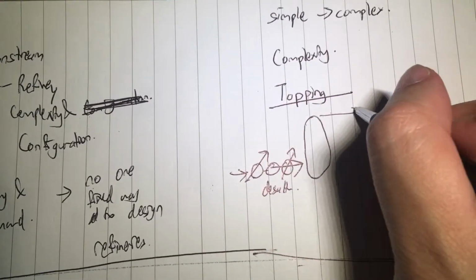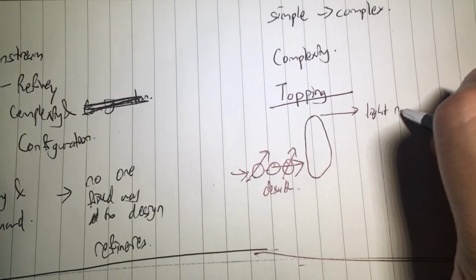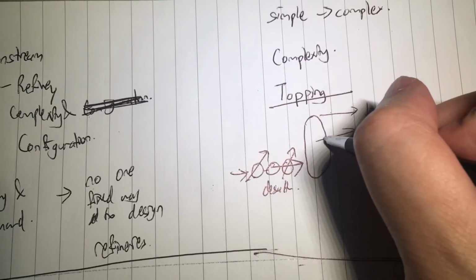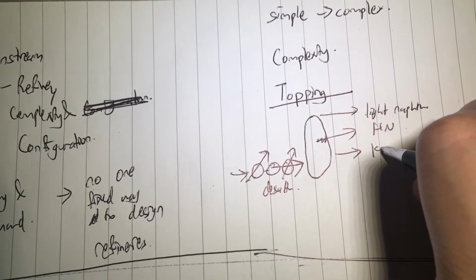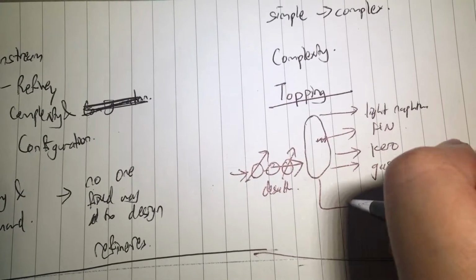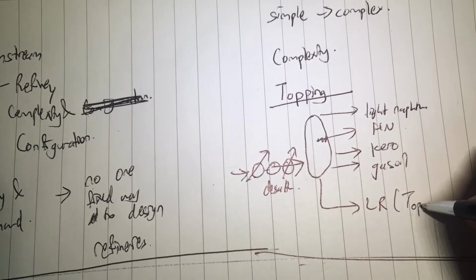And you split it up into the light naphtha, the heavy naphtha, kerosene, gas oil, and long residue, also known as topped crude.